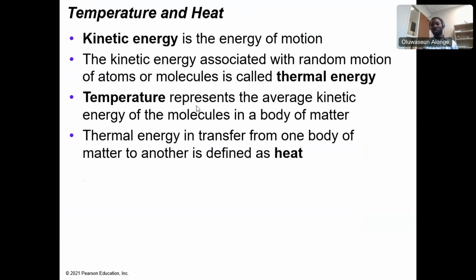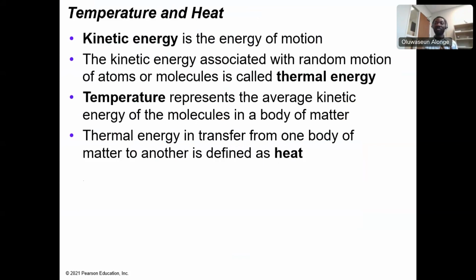Temperature represents the average kinetic energy of the molecules in the body of matter. Thermal energy in transfer from one body of matter to another is called heat. So what we call heat is simply the thermal energy that is transferred from one form to another. So that is what we call heat.